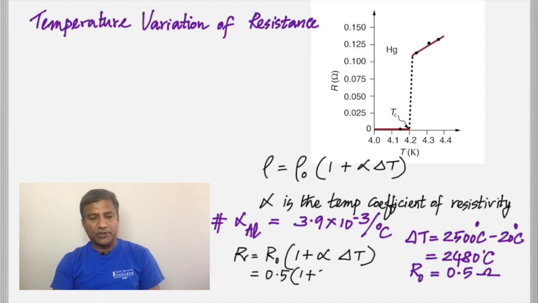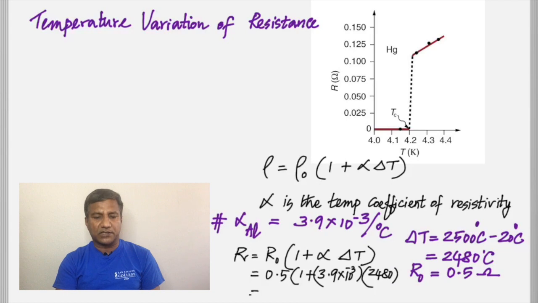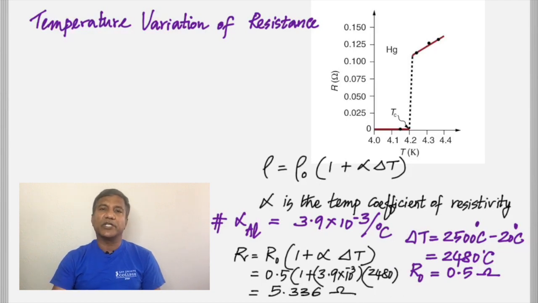So a similar formula, plug in the numbers. Resistance at 20 is given as 0.5, and then you have 1 plus alpha multiplied by the change in temperature. And when you do the math, you get 5.336 ohms.